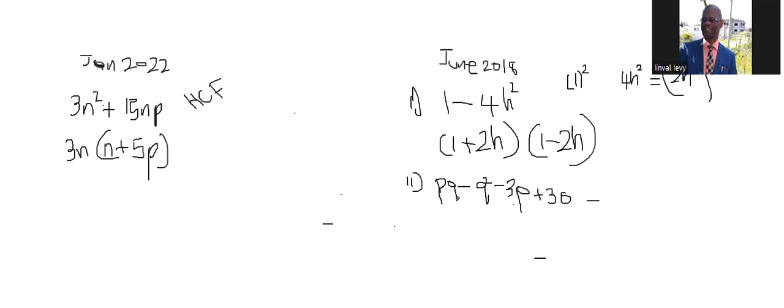Now this will do what? Factorization by grouping. So we're going to group them, then we find a common factor for each of the brackets. What's common here would be q. q is common to this first bracket.